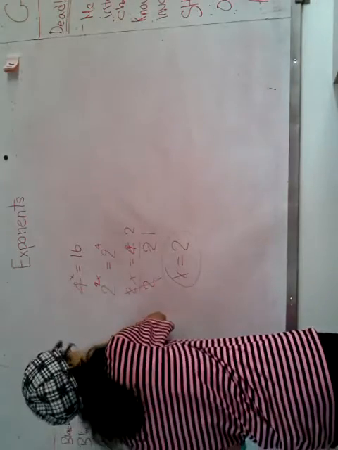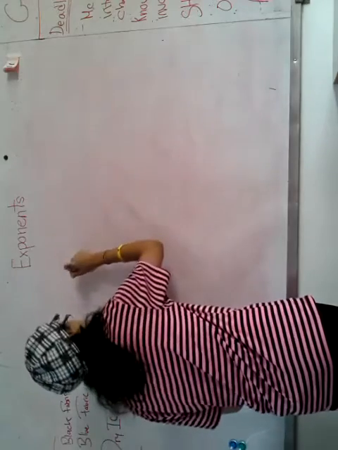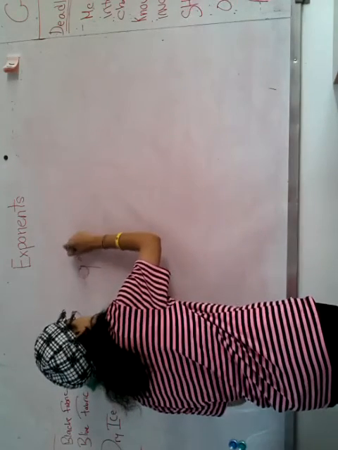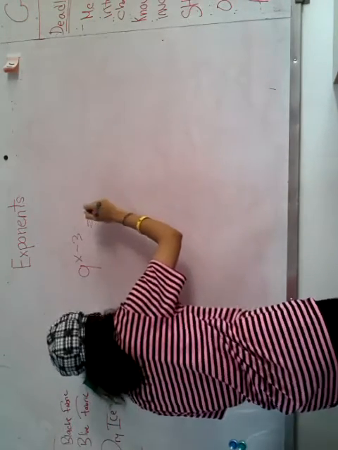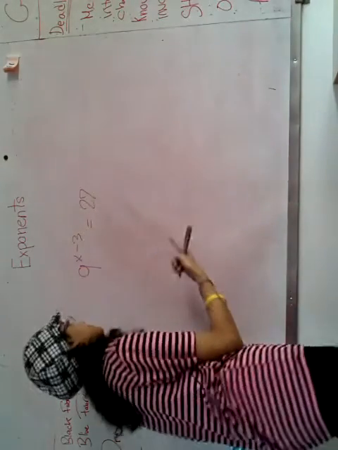And what if we get a harder one? Like this. 9 to the power of x minus 3 is equal to 27. Like that.